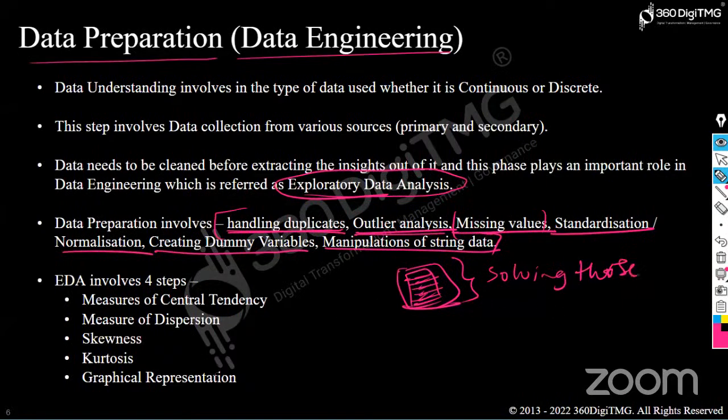Hence you will be having different methodologies to perform them. So here the measures of central tendency will have mean, median and mode. So how will you calculate a mean?